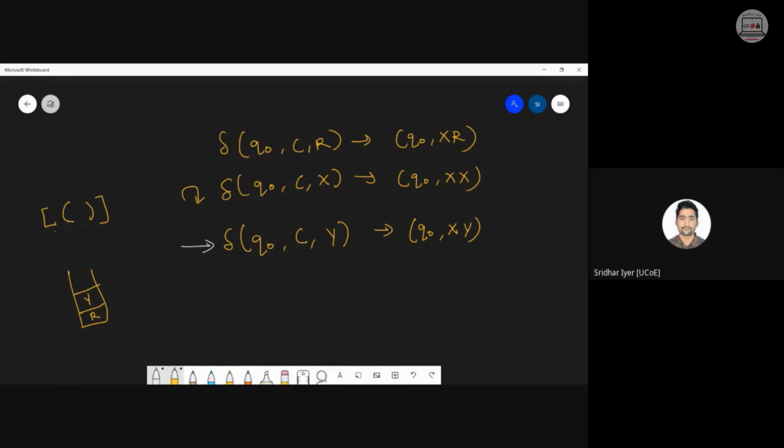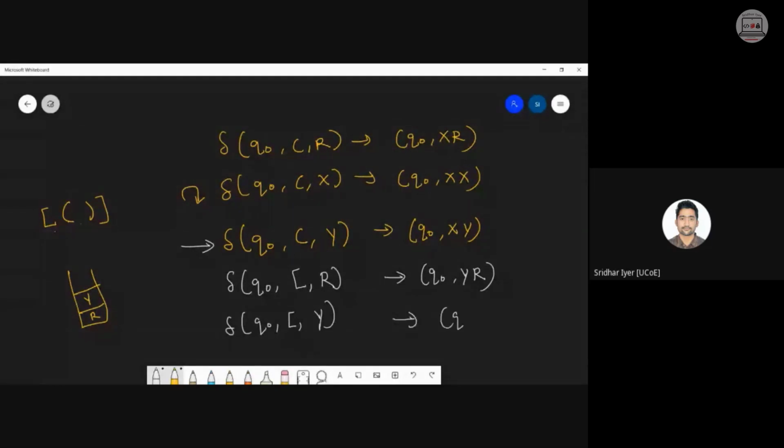Because the particular question can even start with a square bracket, it can even start with a round bracket. So that is why I have shown this particular third statement. So now let me show the entire same thing with the square brackets. So it would be Q0 y on top of r. Similarly, we know that this can be looped.